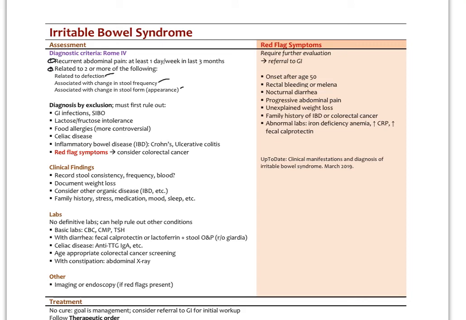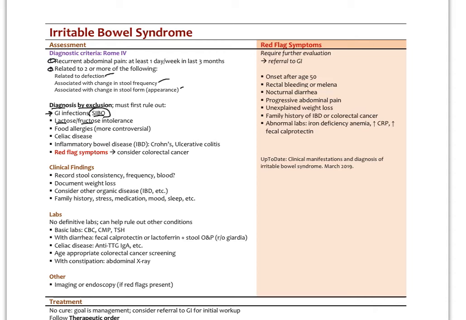Again, this is a diagnosis by exclusion. So first, you need to rule out GI infections, potentially SIBO. But again, generally this is not part of the current biomedical thinking, except in extreme cases, to look for SIBO. But we might want to look at the history. Is there any potential of travel recently or something that might have triggered all this?